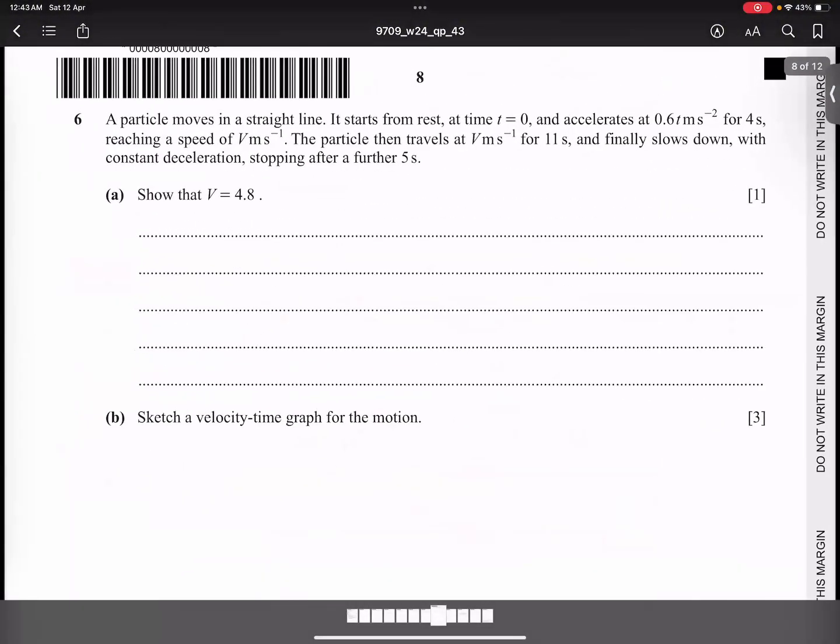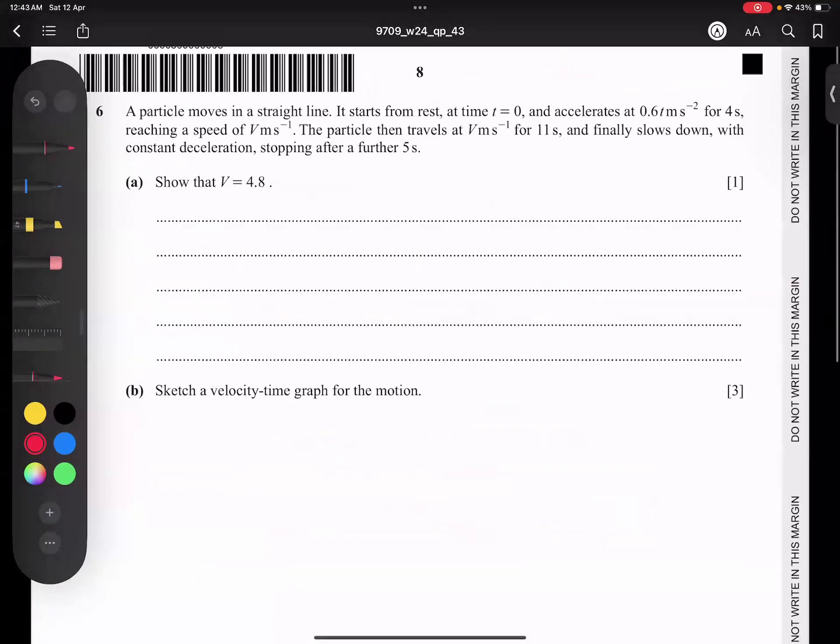The next question is number 6. A particle moves in a straight line. It starts from rest when time is 0, and acceleration is given by him as the formula 0.6t. For 4 seconds it accelerates, reaching a speed of v.